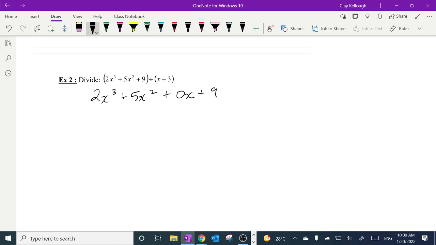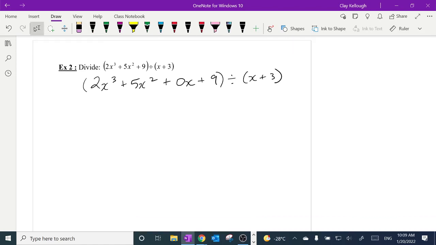If I don't do that, this won't work out when I synthetically divide. Okay, so if x plus 3 is the factor, -3 is the potential root.